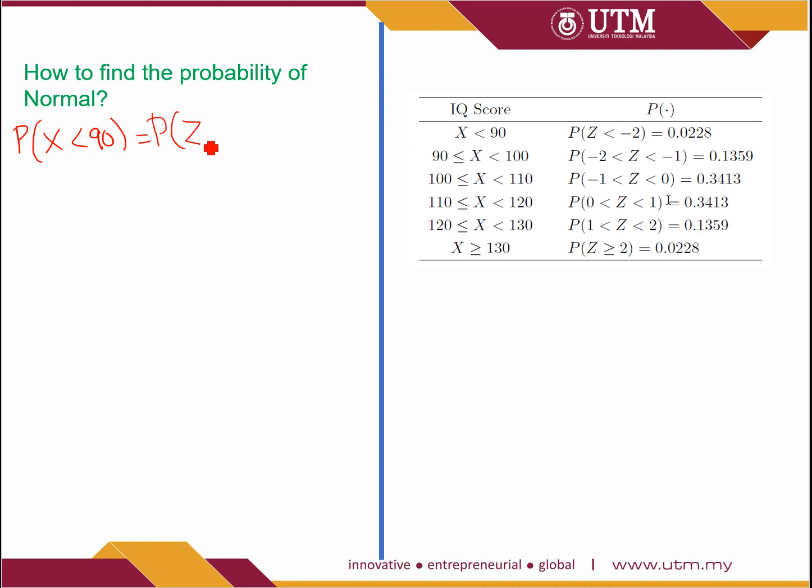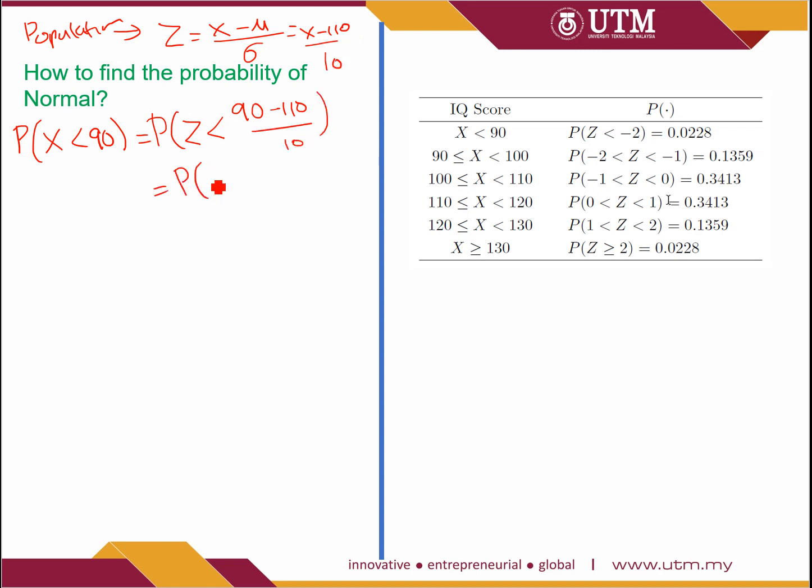And don't forget our Z just now is X minus mu divided by sigma. This is for population, not for sample. So your X is now 90, your mu is now 110, divide by 10. Then you will get P(Z less than -2).